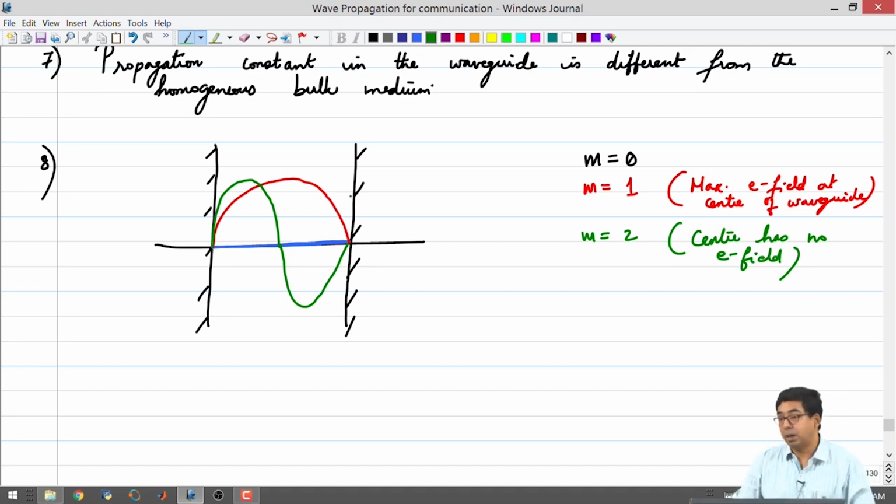You also need to know when people use tinier detectors in between the waveguide. Suppose the experiment is to figure out the mode profile itself. These are known as modes, m equal to 0, m equal to 1, m equal to 2 are all known as modes.